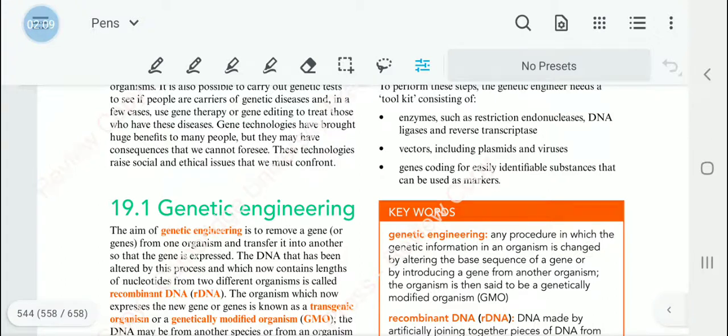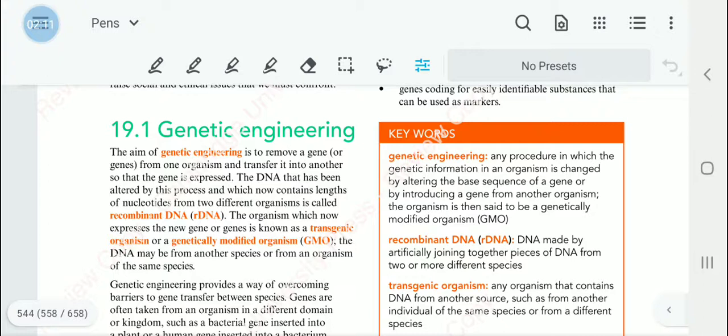Now, genetic engineering is the introduction of a new gene to an organism from another. That is, to remove a gene from one organism and transfer it to another, so that the gene is expressed.